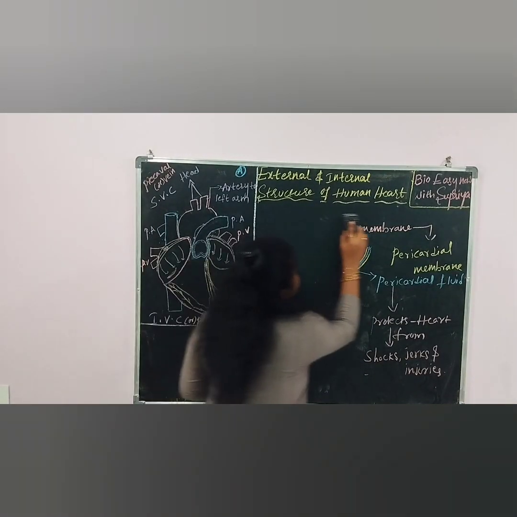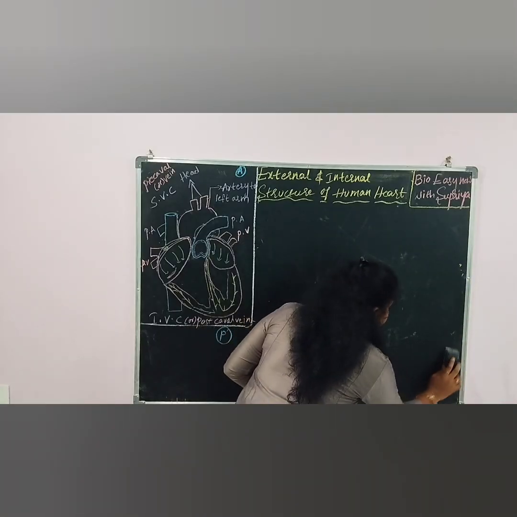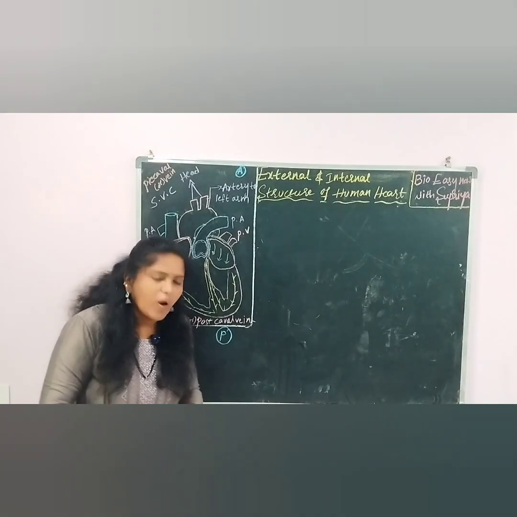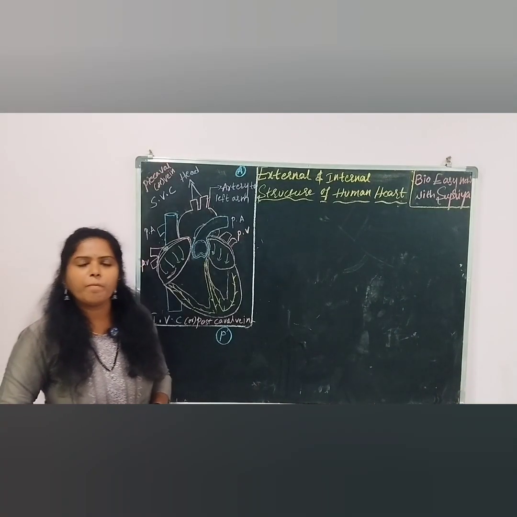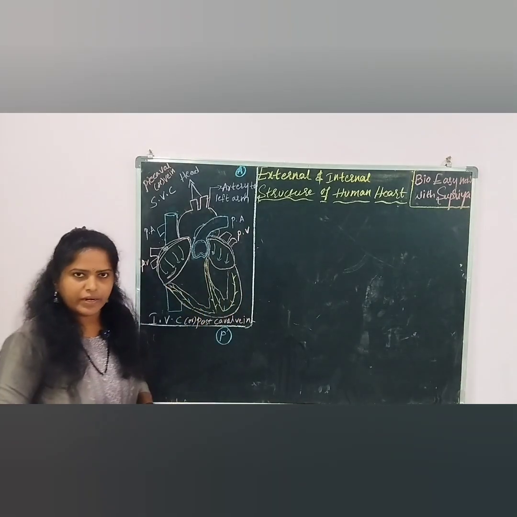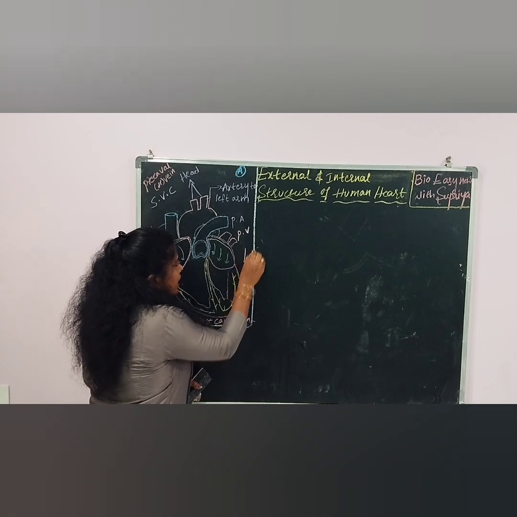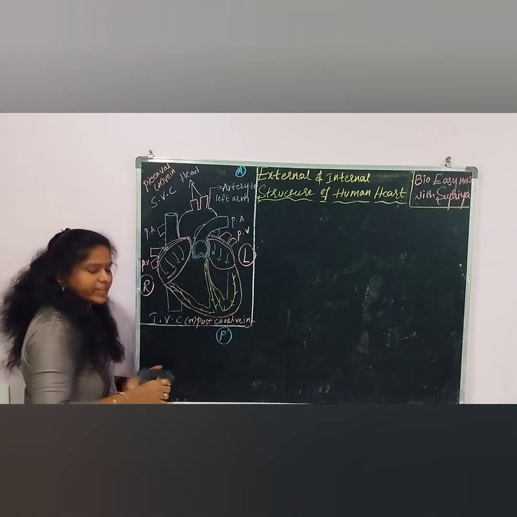Next, if you observe the walls of the heart, blood vessels are present. These blood vessels are called the coronary vessels. The coronary vessels supply blood only to the walls of the heart. Next, L means left, R means right.